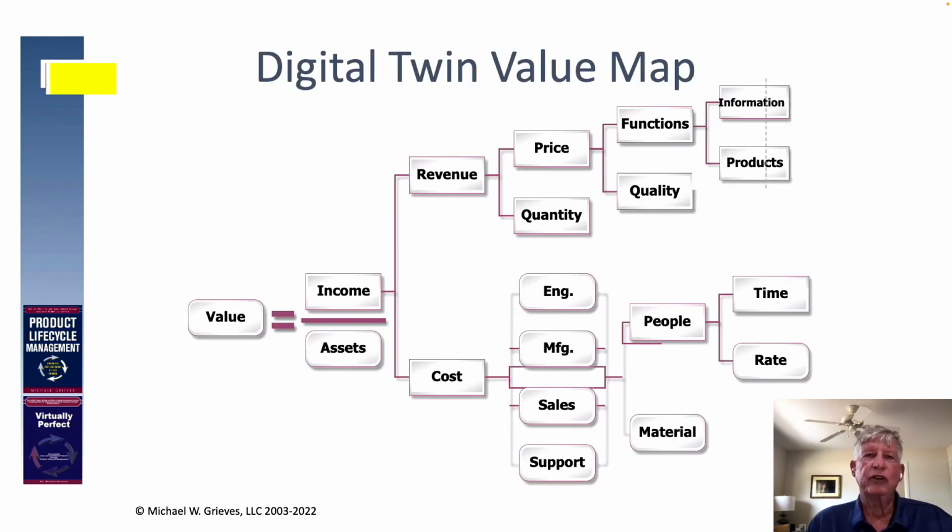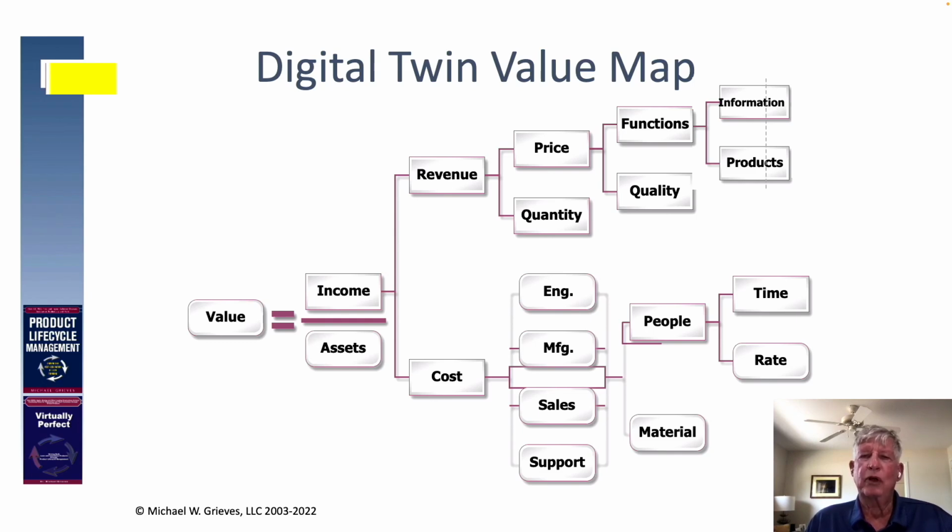How do organizations measure value, and how does the digital twin impact that? Value in an organization is measured by the change in income, and ideally the increase in income, over the assets deployed to get that income. But income can only be affected by two things, revenue and cost.